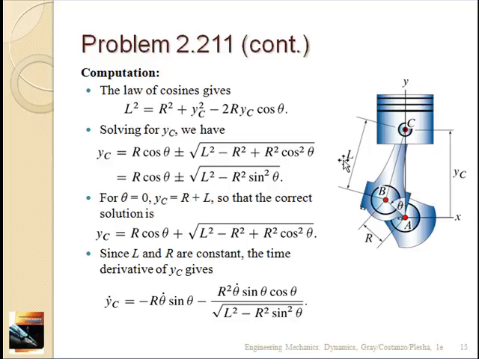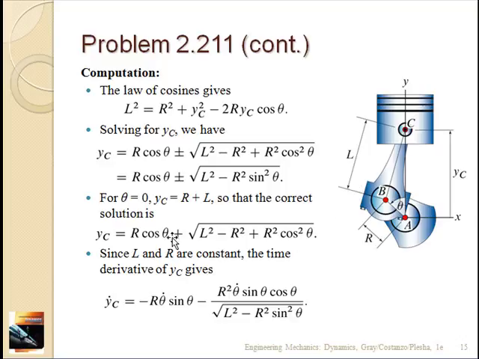If you think it through a little bit, you find you have to use the positive term here, because we have two solutions and we want the positive one. So YC, this distance, is R cosine theta plus the square root of L squared minus R squared plus R squared cosine squared theta. This gives you YC in terms of R, L, and theta, strictly geometry.